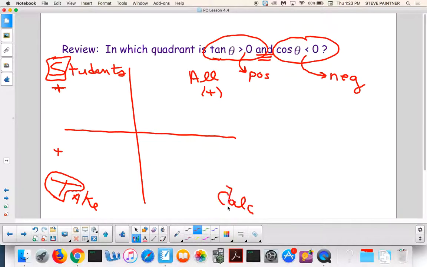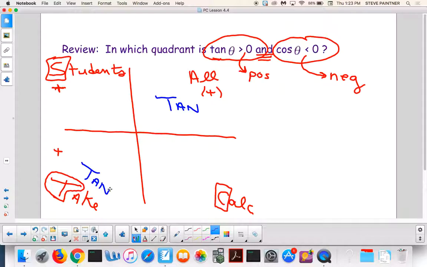Okay, and that means cosine's positive here. But here's what it said. It said, where is tangent going to be positive? You would say, well, all of them. Tangent's positive here. Where else is tangent positive? Right here. So far the answers, put your triangle here, put your triangle here. But wait a minute. It says, and what else has to be true? Cosine must be negative.